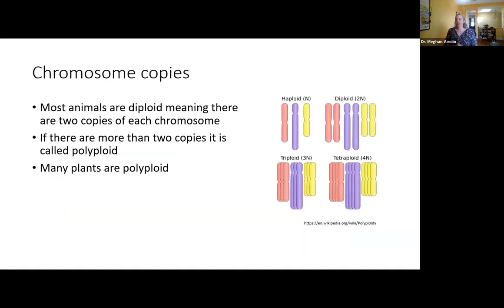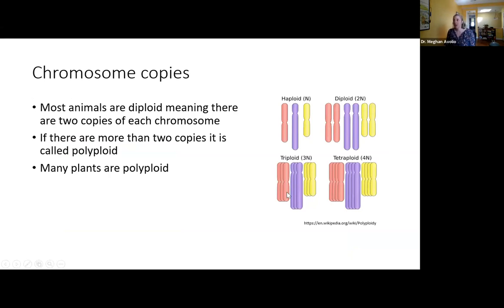So as the DNA is packaged into chromosomes, the number of chromosomes individuals have can determine ploidy and aspects of phenotype. Most animals are diploid and have 2 copies of each chromosome. Some are haploid. In this picture, each bar represents a chromosome. Here we have diploid, 2 copies of every chromosome.